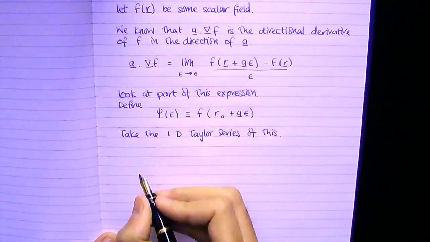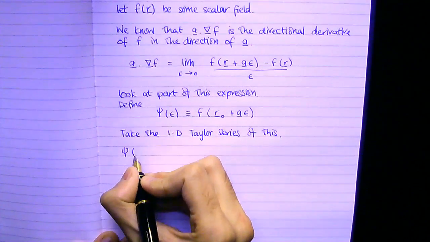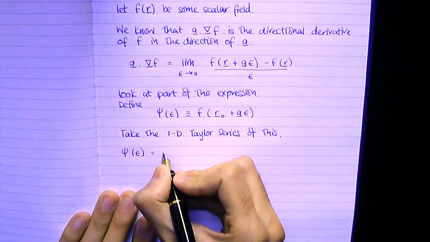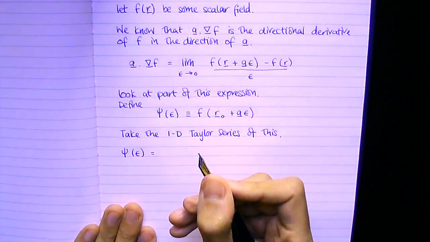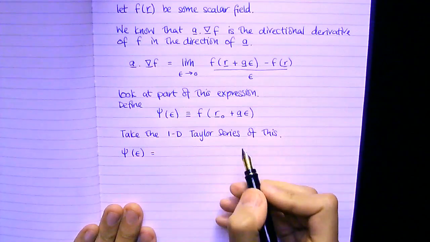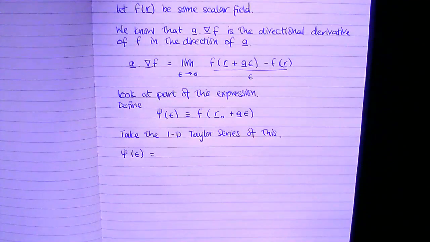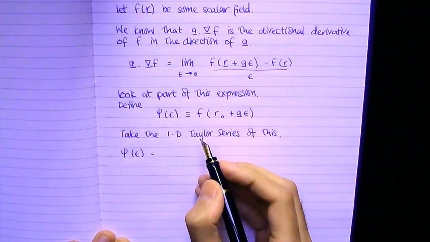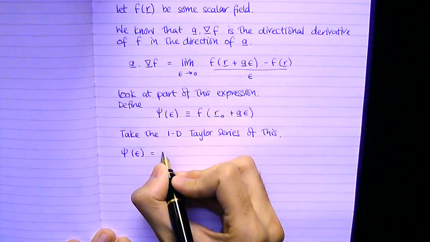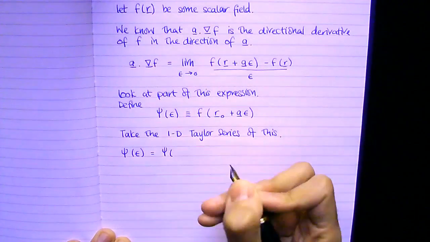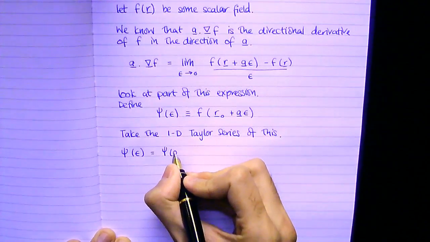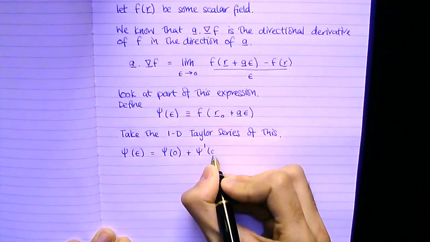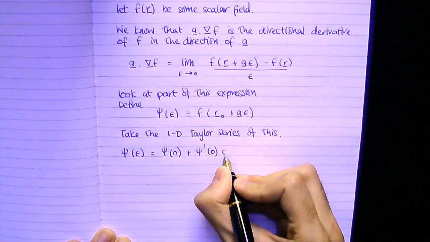Whenever we do a Taylor series, we have to center our Taylor series at a particular point. So I'm going to center my Taylor series at the point 0, so I'm going to set this to start off at 0. I'm just going to look at the first 3 terms. So from standard Taylor series, we know this is the following.